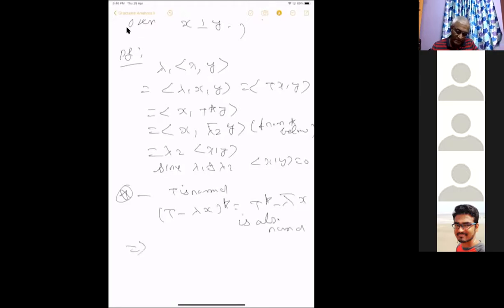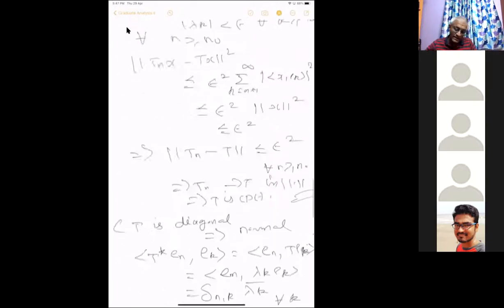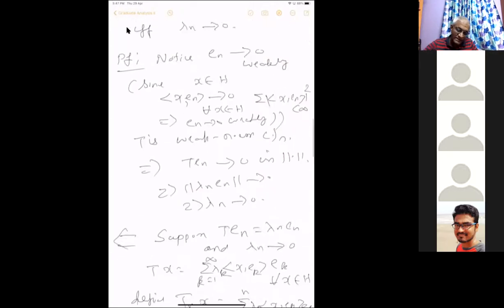So this implies norm of T. No, there is no x here. I'm sorry. It should be identity here. So T minus lambda, or I just put lambda x equal to. Since this is normal, we have proved here: if it is normal, then norm Tx equal to norm T star x.